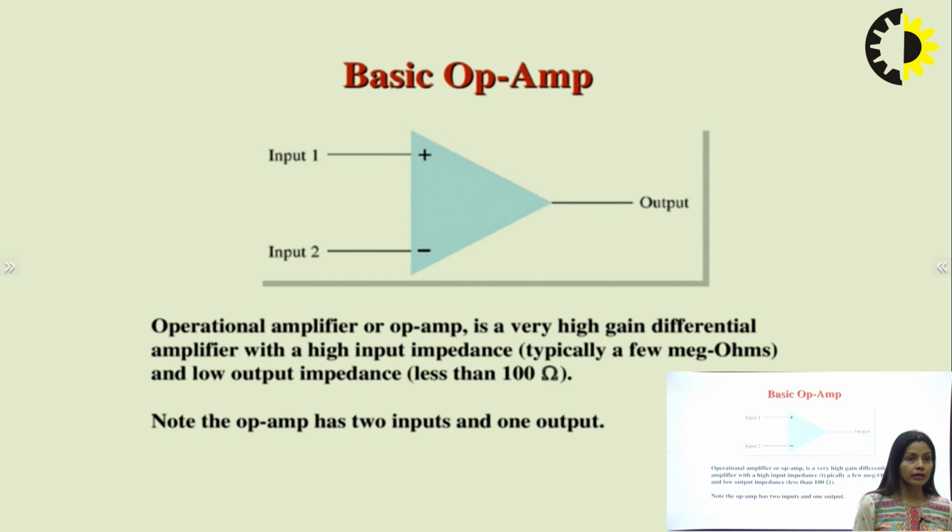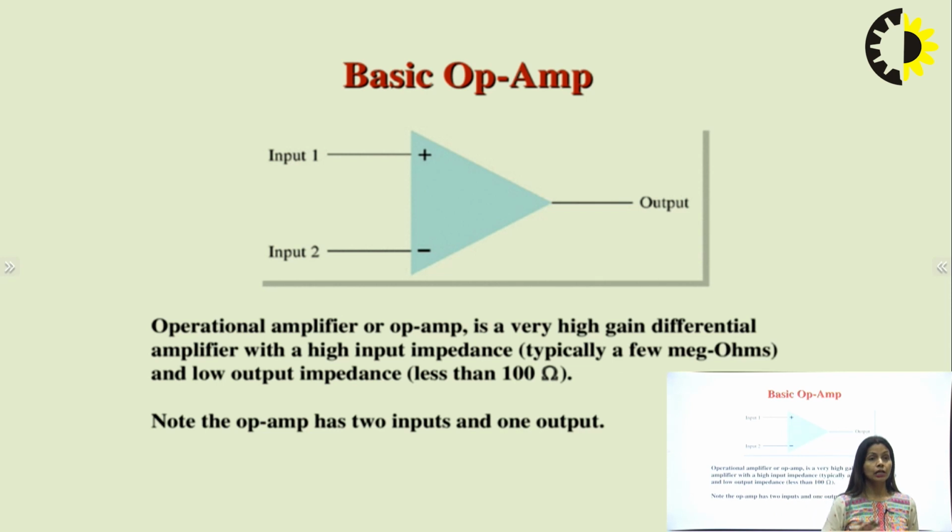So here, first of all, we should understand why we are preferring the operational amplifiers, because it gives a very high gain, and it has a very high, infinite input impedance.